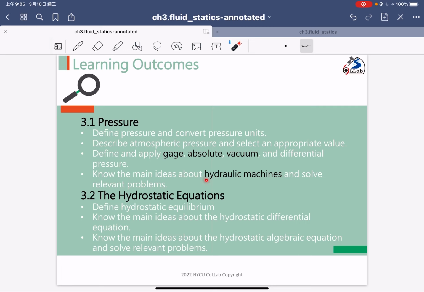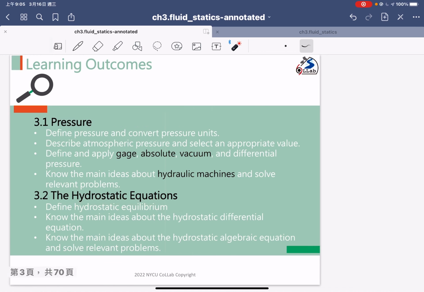And then some ideas of how we can apply hydraulic machines to solve some mechanics problems. And then the most important equation I will teach here is the hydrostatic equation. Okay, so that's very important.